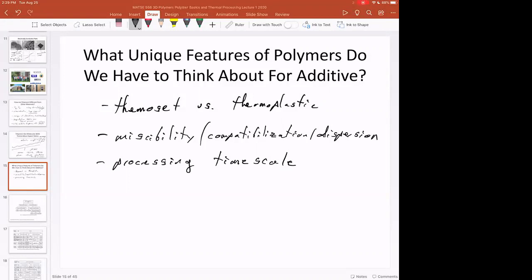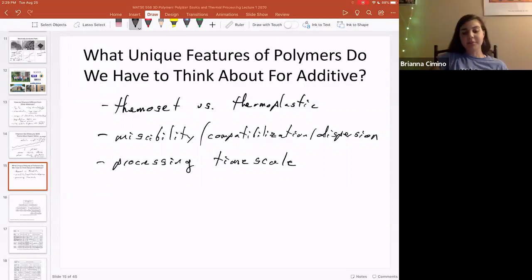Things are moving, conditions are changing, and so we're going to need to keep an eye on how fast the polymer is responding, whether that's chemistry or whether that's viscoelastic shear or whether it's shear thinning or shear thickening. And so the processing time scale and the time scale of changes of the polymer are going to have to be reconciled somehow as we start to think about additive processes and these characteristics of the materials. What else?